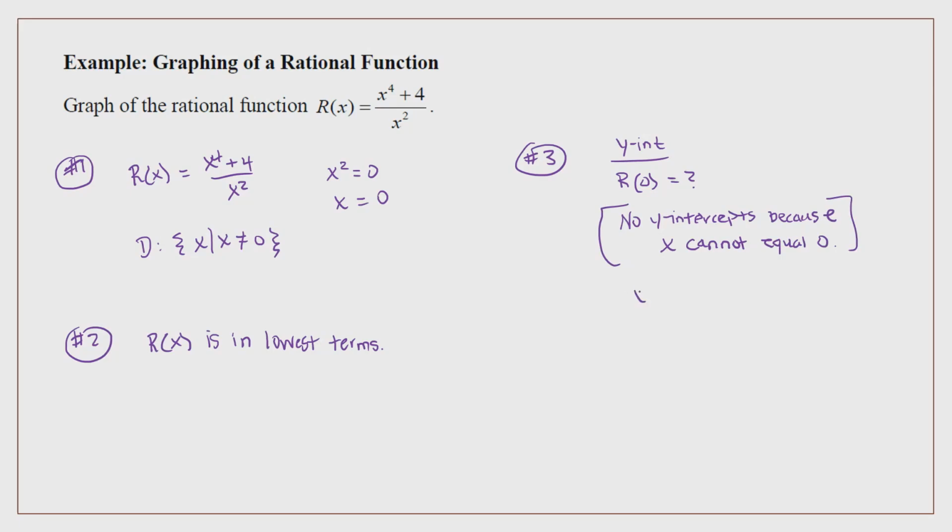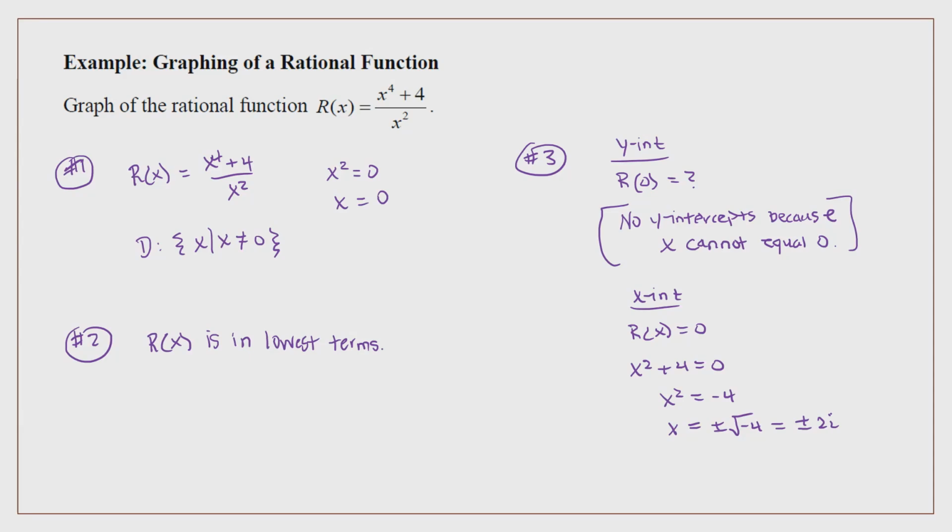Okay, so now we'll find the x-intercepts, and this is setting your r of x equal to 0. Okay, so when we take our numerator and set it equal to 0, solve for x, we take the square root, we'll get plus or minus 2i.